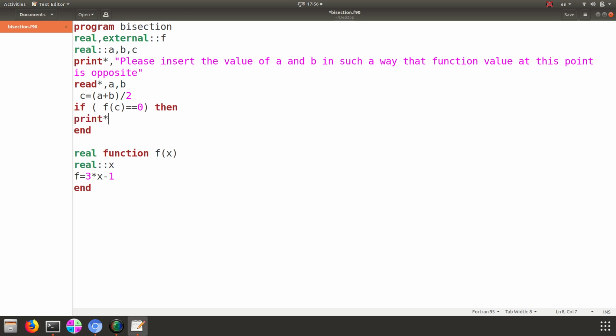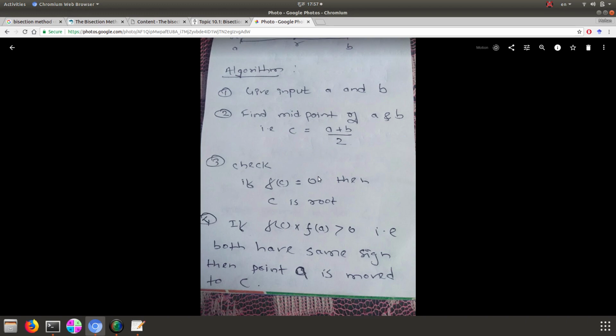So print it as the root of the equation is c. Okay, so it will print c as the root of the equation. There is no problem. So we included the first condition, but this might not always occur.